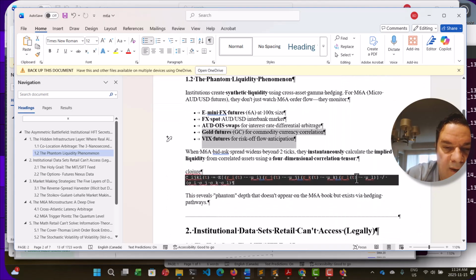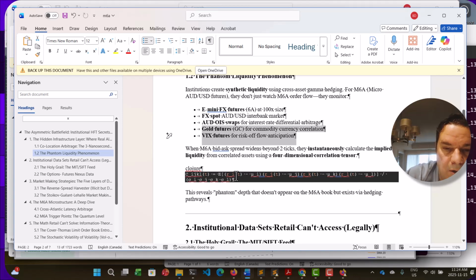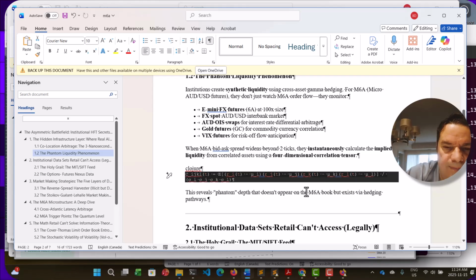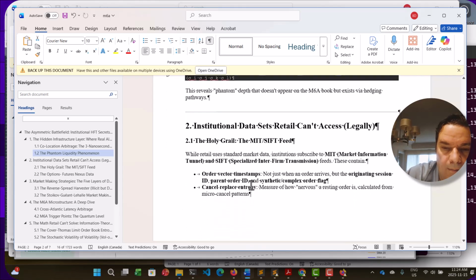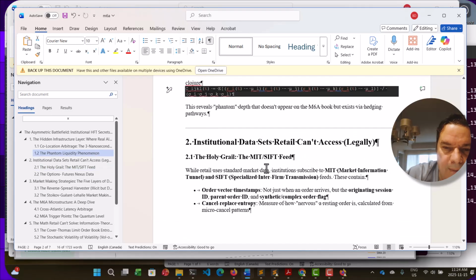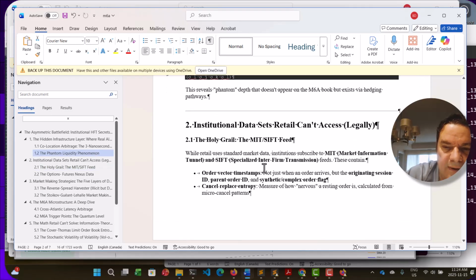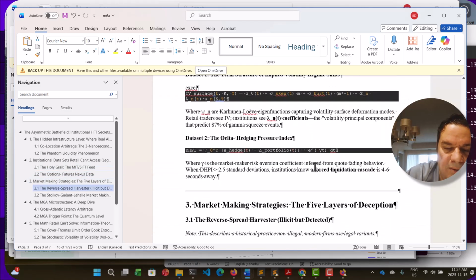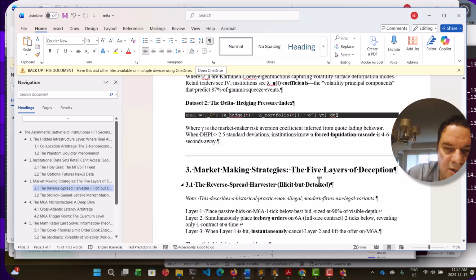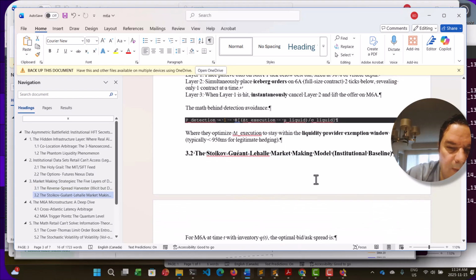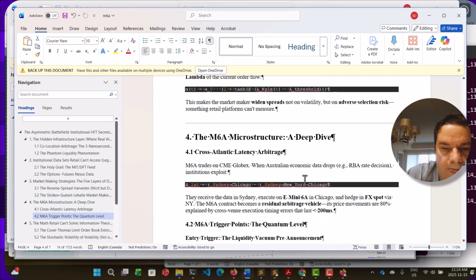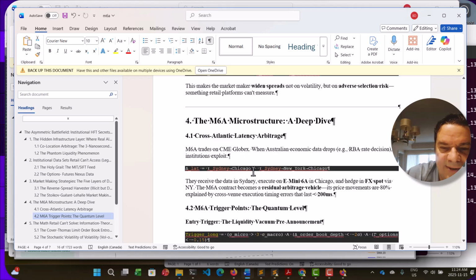You can see here we got some, I don't know if this is closure, or just a random algo, but it's very like an MIT SIFT feed. So this is the legal way of doing it. Sometimes we do get the illegal or questionable market making strategies, 5 layers of deception. Here we have Globex.